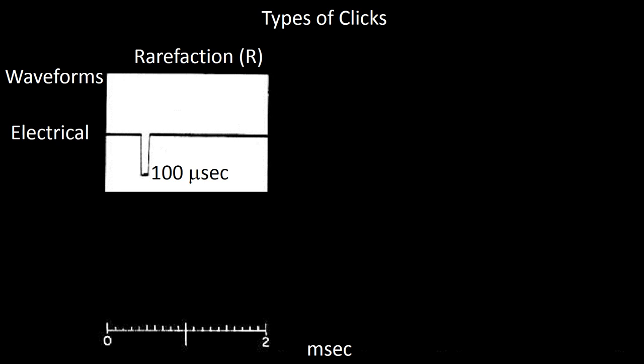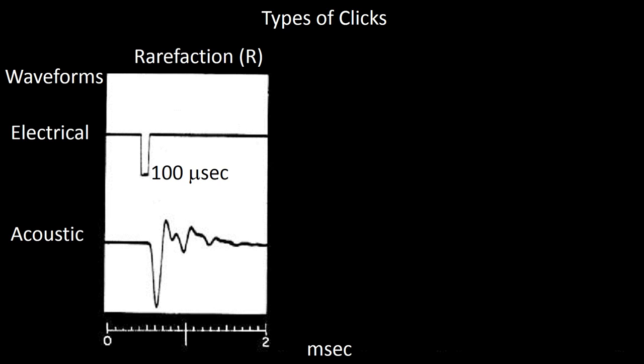An electrical monophasic square wave lasting 100 microseconds, triggered, as in this case, by rarefaction, produces a rather complicated acoustic wave. The first and largest component of the acoustic wave lasts longer than the stimulus.